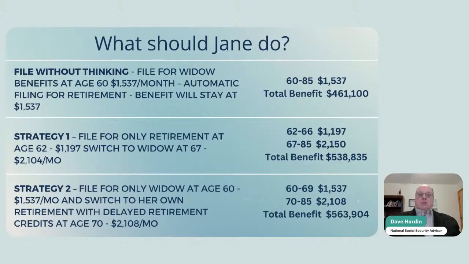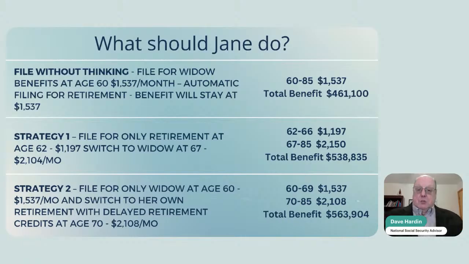So you take from 62 through 66, $1,197, then 67 through 85, you take $2,150. That combines, look at the difference here, by having a little bit of a plan over your lifetime, you collect $538,835, almost $80,000 more than you would have collected by just taking the benefit, forgetting about it.